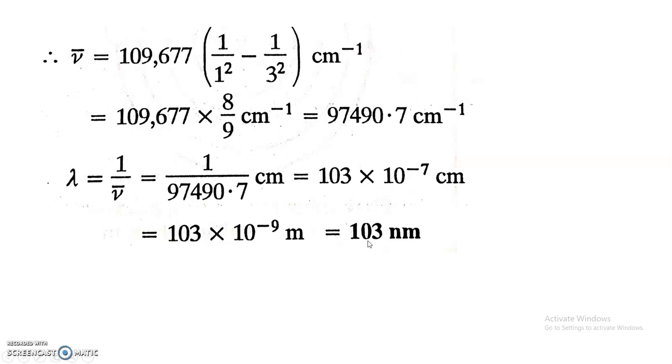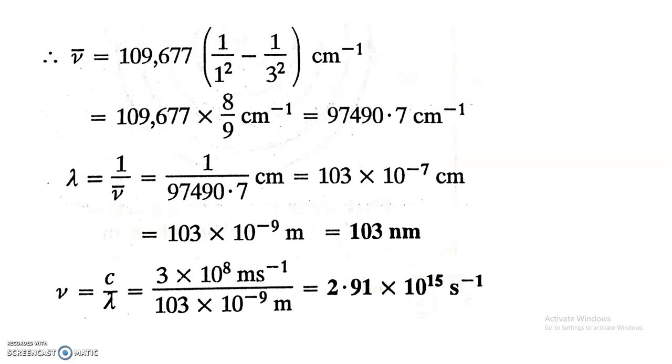First, the centimeter is converted into meter, since 1 meter equals 100 centimeters, and then the meter is converted into nanometer. So 103 into 10 raised to minus 9 meter is equal to 103 nanometer. Now as the wavelength is 103 nanometer, it appears in the ultraviolet region.